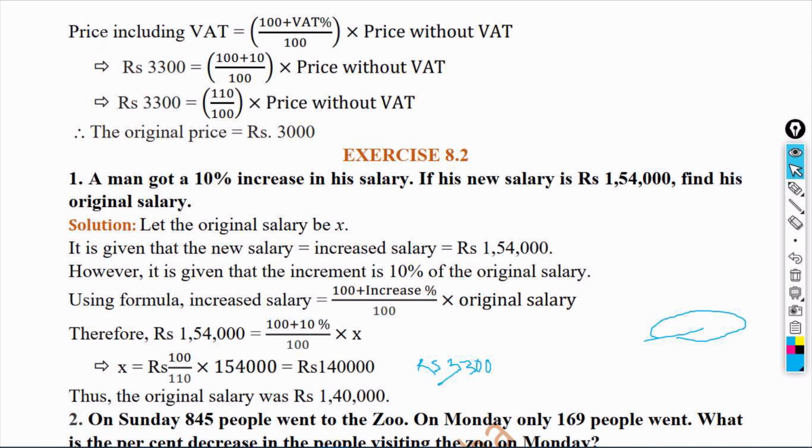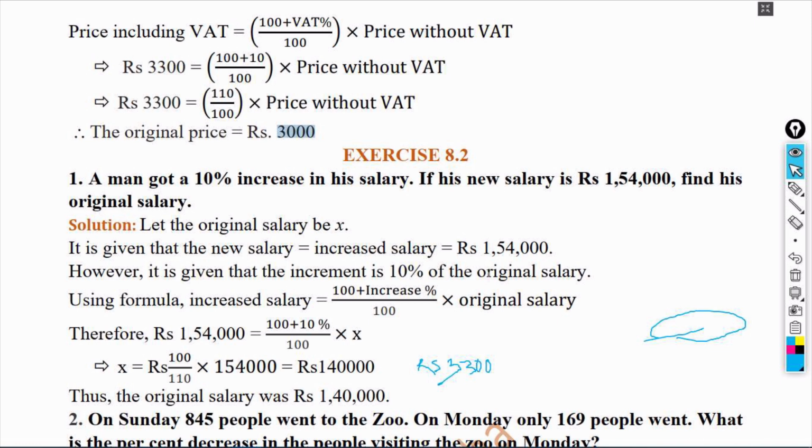Price including VAT is rupees 3,300 equal to 100 plus 10 divided by 100 and price without VAT. Now transpose the terms to the left hand side. You will get, after calculation, that the original price of the air cooler is rupees 3,000.